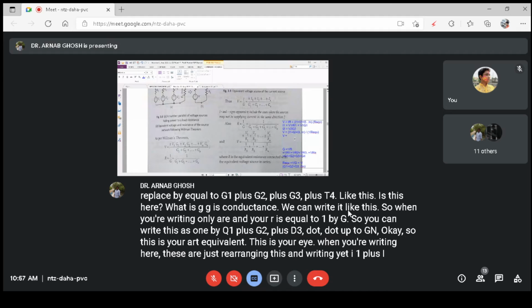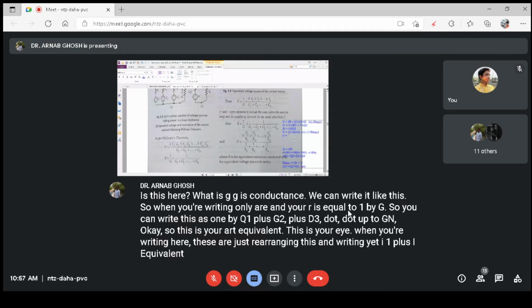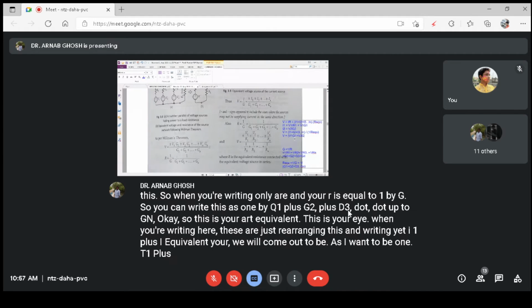Your V will come out to be V1 G1 plus V2 G2 plus dot dot dot divided by G1 plus G2 plus G3 dot dot dot.